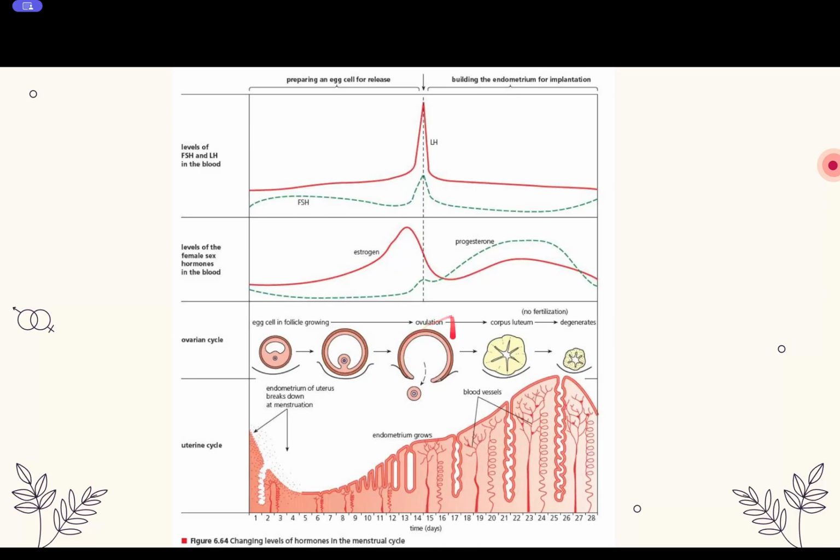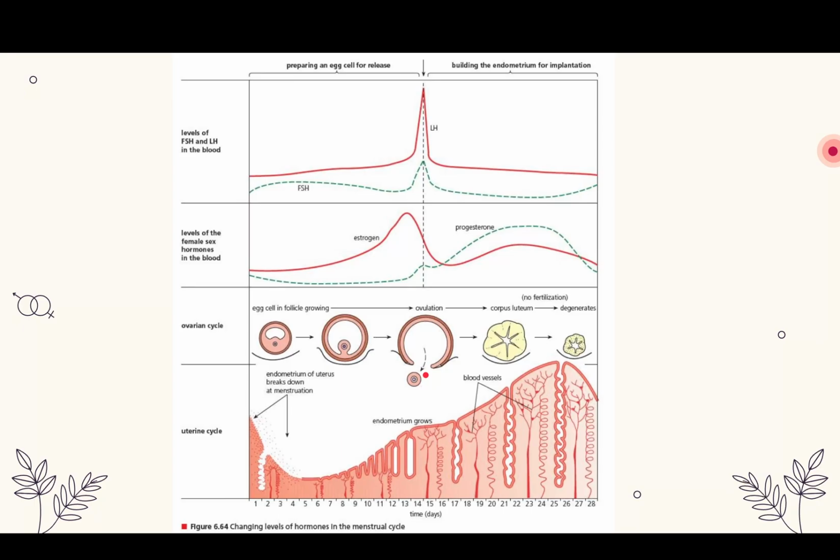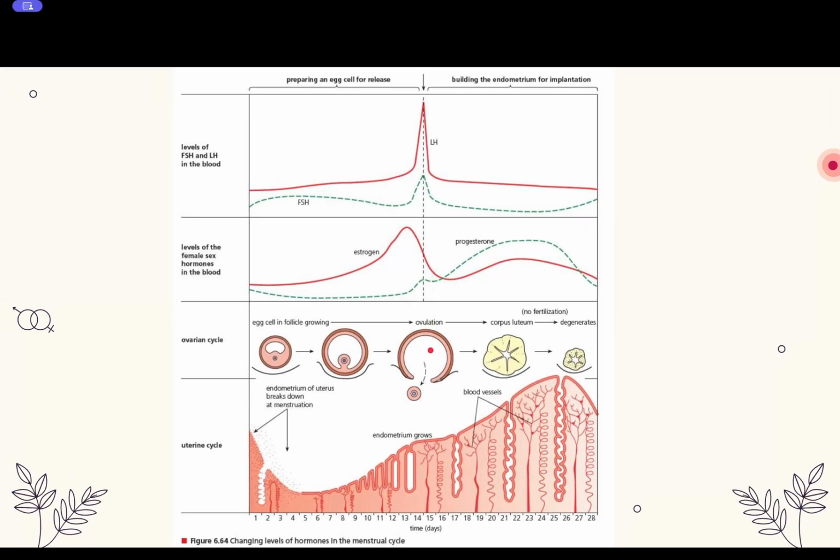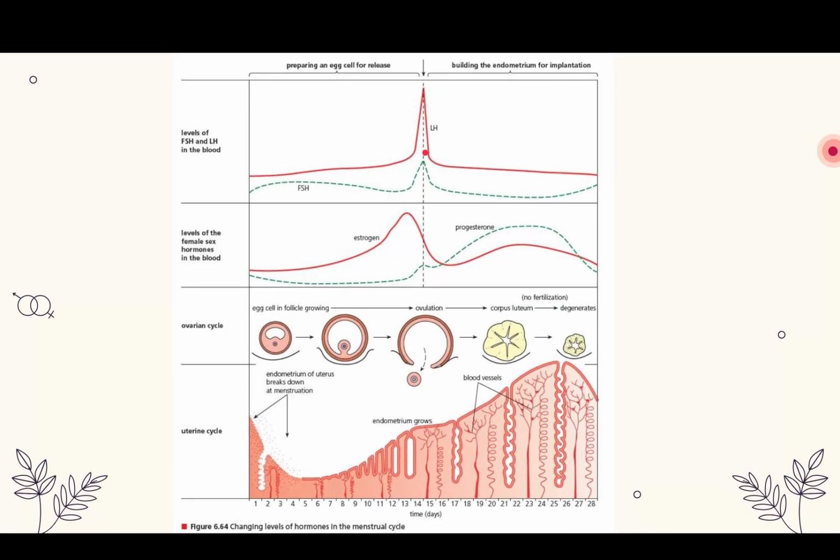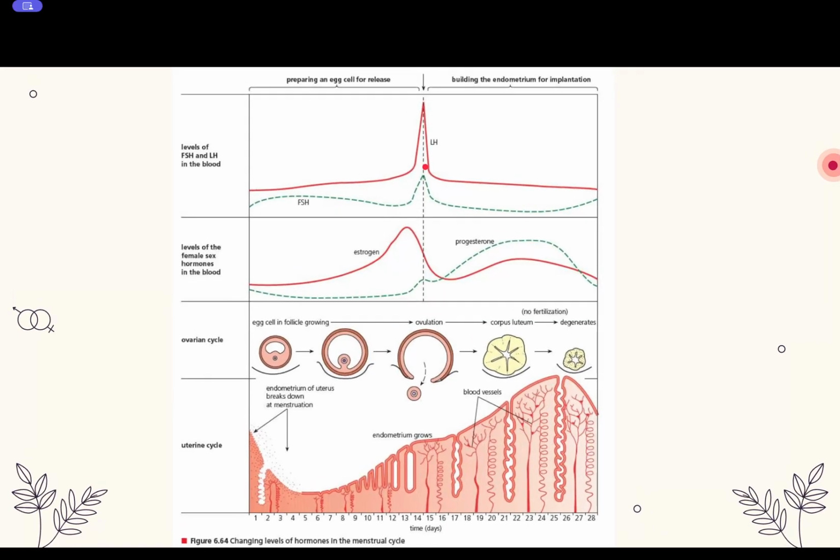If you're SL, you just need to know that the egg goes through meiosis, and then that meiosis is forced to be completed by this peak of LH, and then it also causes the partial digestion of the wall. So it'll digest this part of the wall and allow the egg cell to burst through.